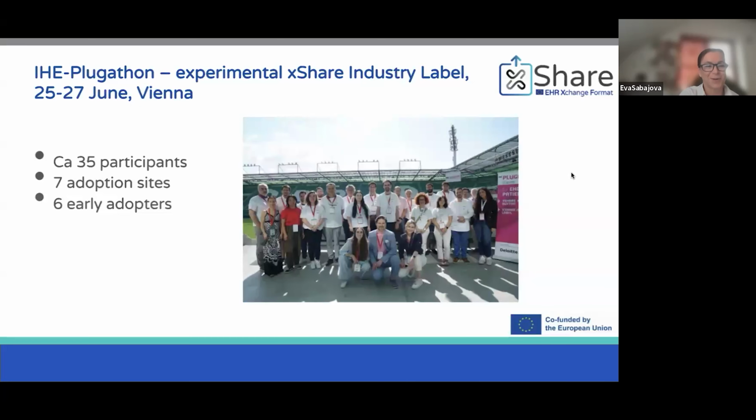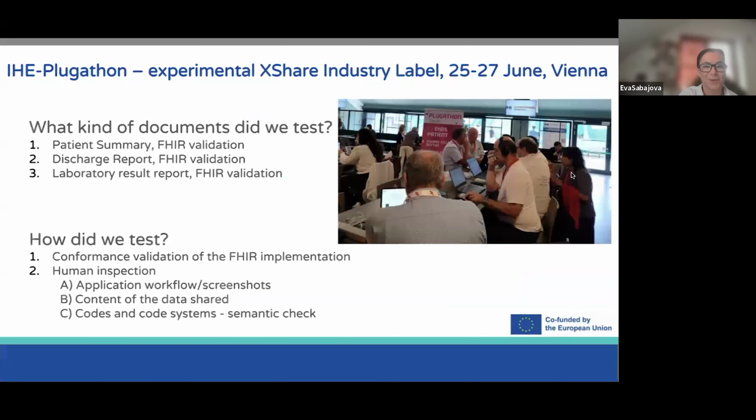So this is the context. For our xShare Plugathon, we had more or less 35 participants, 6 adoption sites, and 7 so-called early adopters.